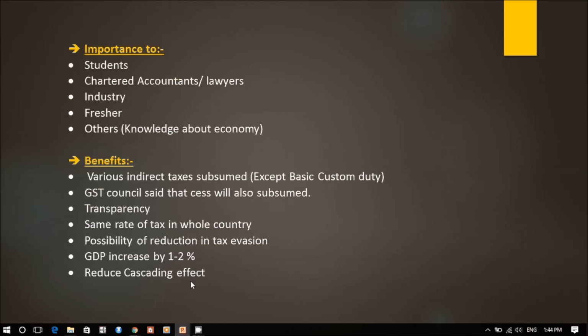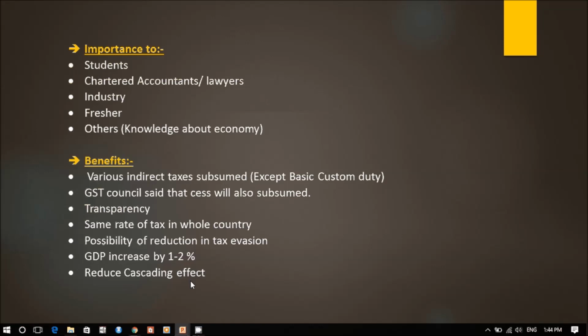So various central indirect taxes as well as state indirect taxes have been or will be subsumed in GST. If I name these taxes, there are excise duty, custom duty, service tax, VAT, entertainment tax, luxury tax, and so many taxes.